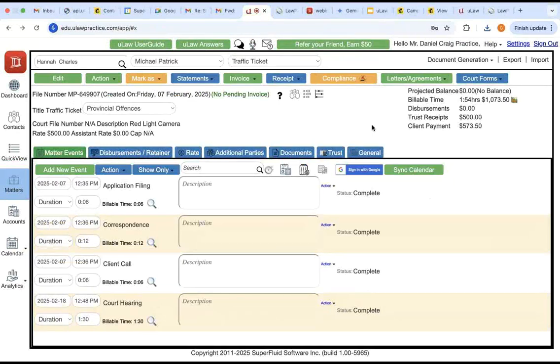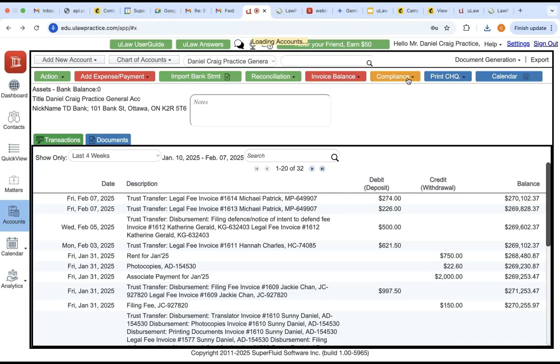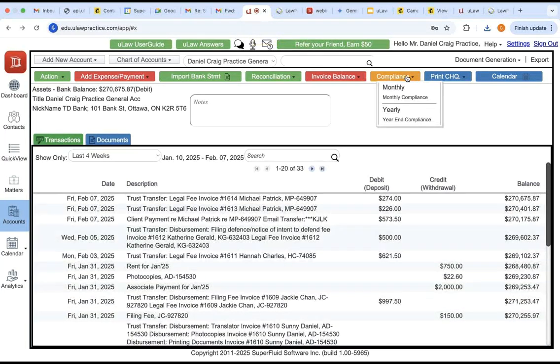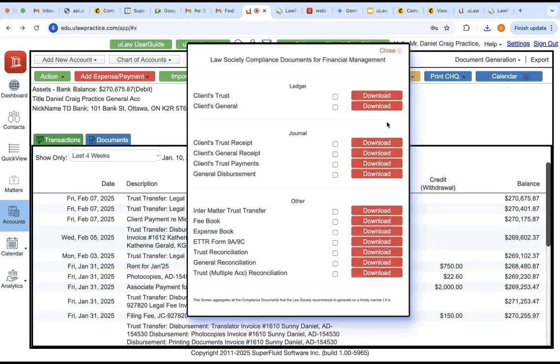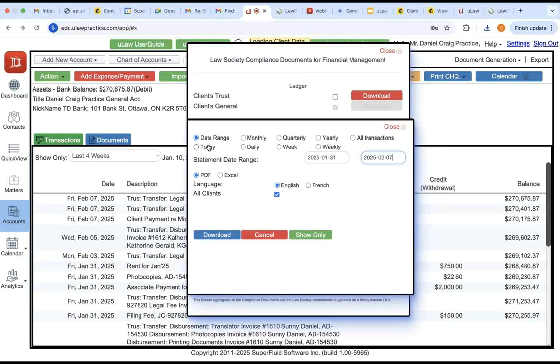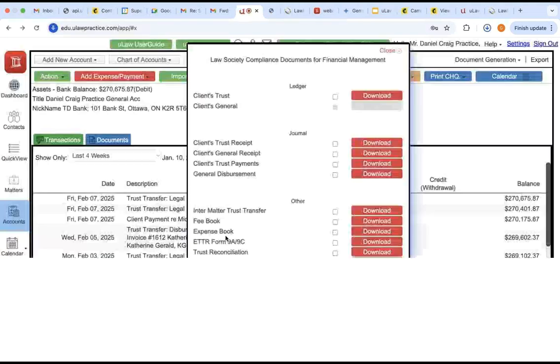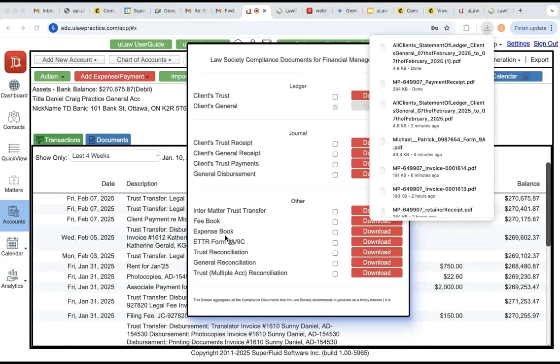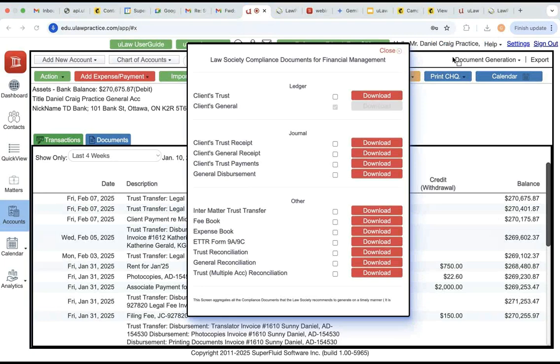So you go back in there. You just verify now by clicking on accounts, clicking on compliance, download the client's general ledger. Will show you the additional transaction where the money was directly brought into the general account, the 5th transaction. The previous time you saw only 4 transactions, but this time you would see the 5th one.